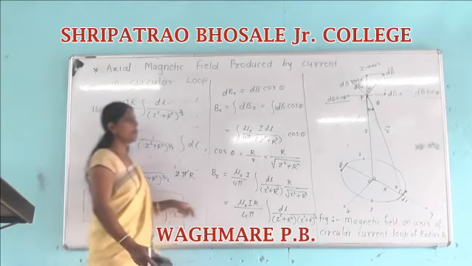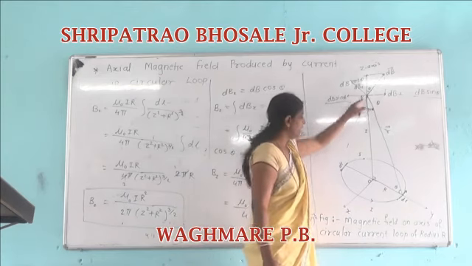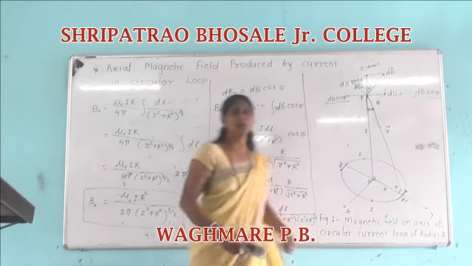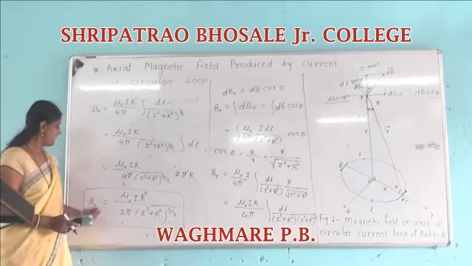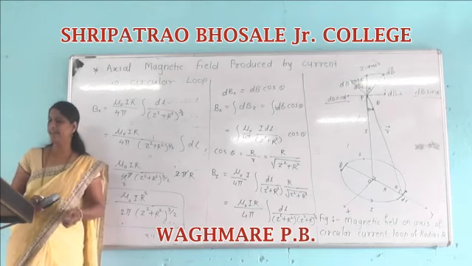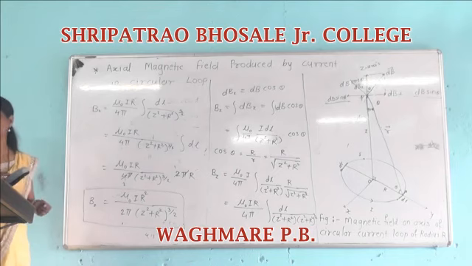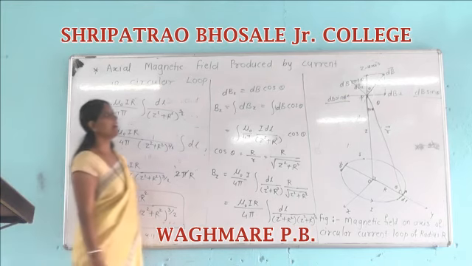This is the magnetic field produced at point P due to the current in the circular loop. By using this equation, we can find the magnetic field. This is the magnetic field due to current I in the circular loop of radius R at point P.